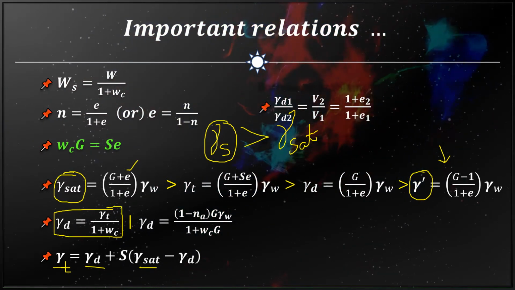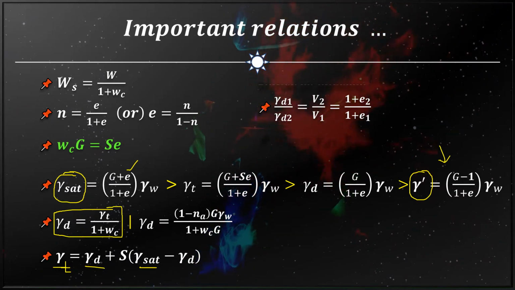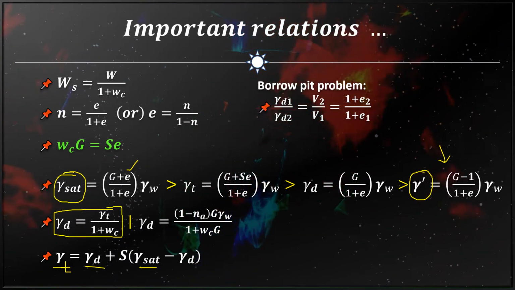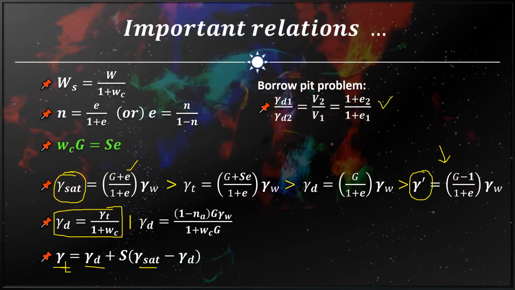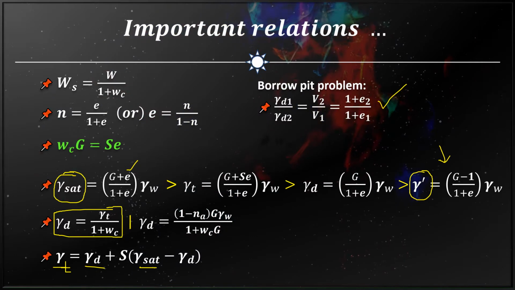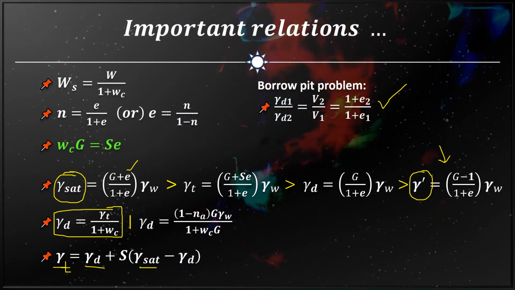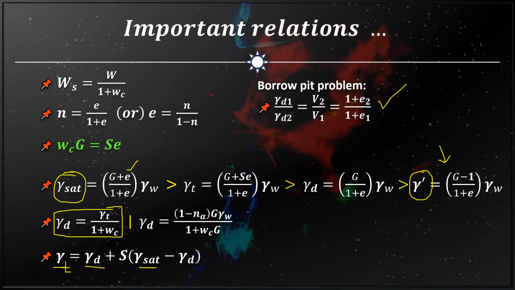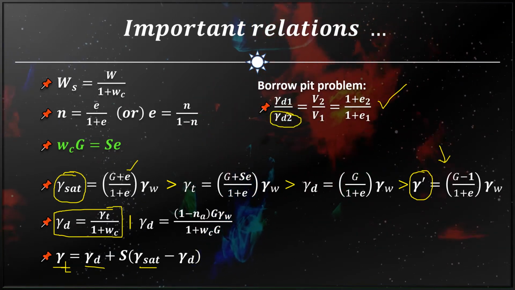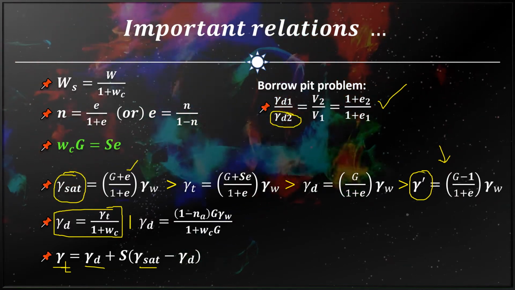And we shall see another important thing called the borrow pit problem. So for the borrow pit problem, we shall follow this equation only. From this equation we can get the other value, like if we know gamma D1, that is the borrow pit's dry density, we can get the answer for gamma D2, that is the filling embankment density, soil in embankment.